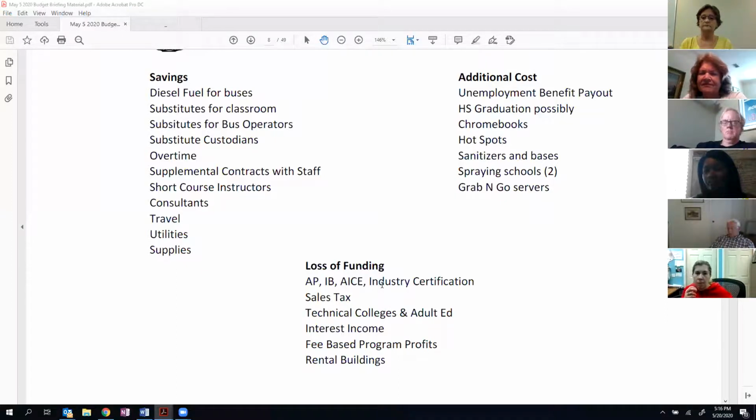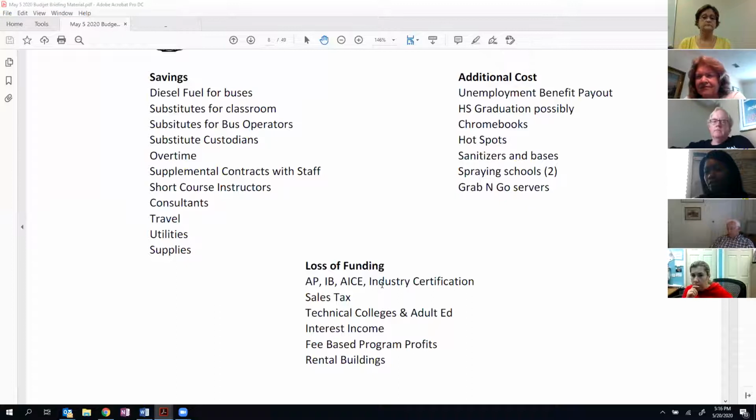However, based on what's happening, we believe that the state would be a little bit more lenient when it comes to our substitutes and allow them to get paid some unemployment benefits during this time. And being a government agency, whenever those benefits are supplied for anyone who works for us, we pay for them directly. So we believe we'll have some more unemployment costs that will go up.